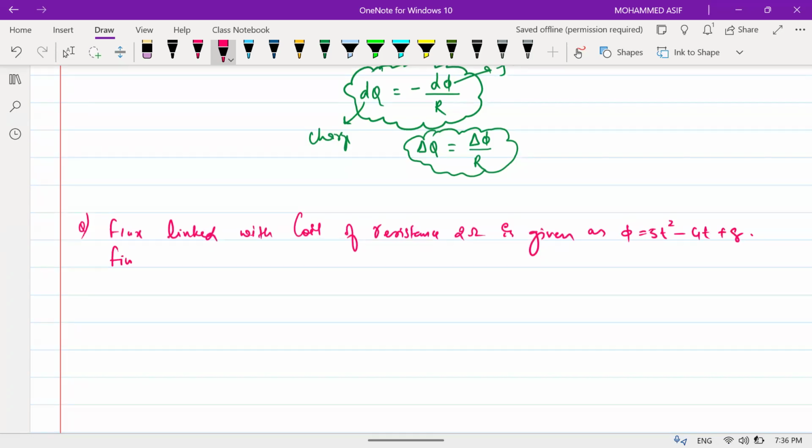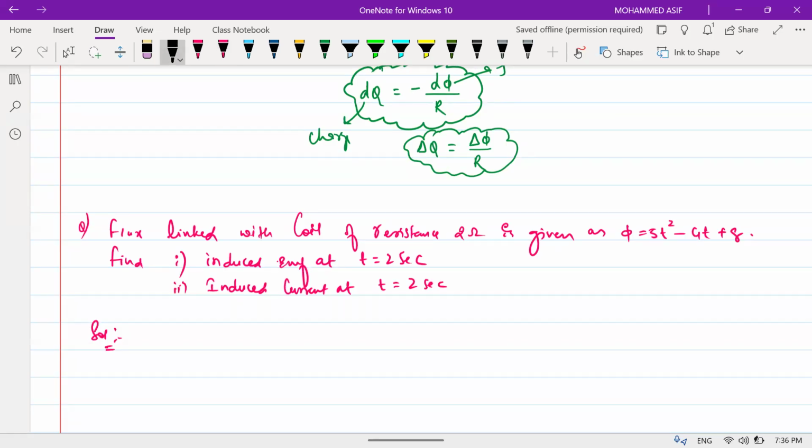Find, first question, induced EMF at t equals 2 seconds. And second question, induced current at t equals 2 seconds.